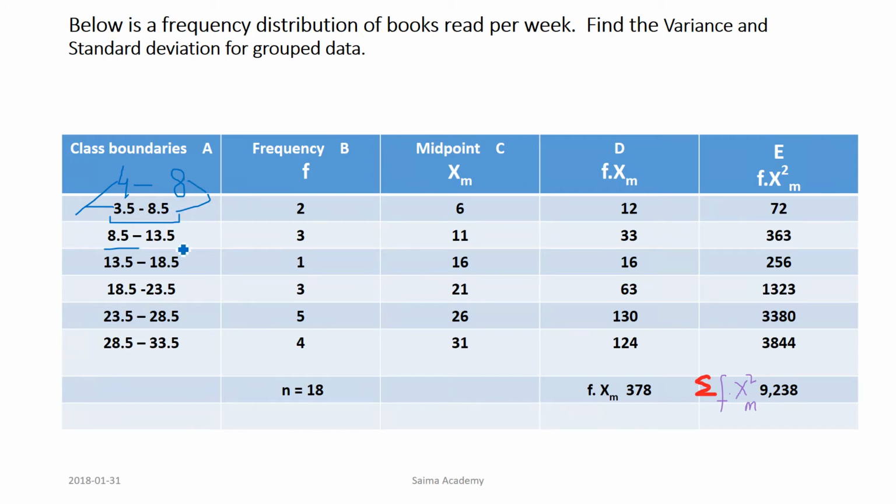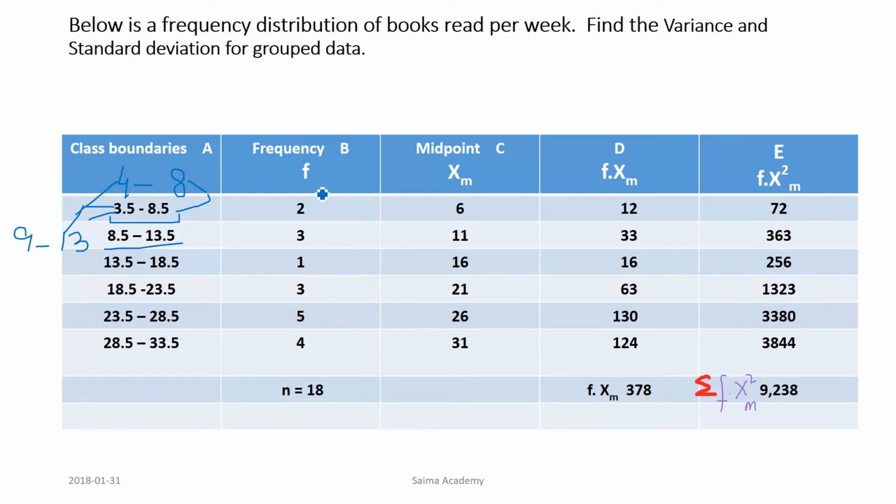What is the class of the next one? It should be 9 to 13, because 9 minus 0.5 is 8.5 and 13 plus 0.5 equals 13.5. So in the case of boundaries, you subtract 0.5 from the lower class limit and add 0.5 to the upper class limit. So these are the class boundaries.